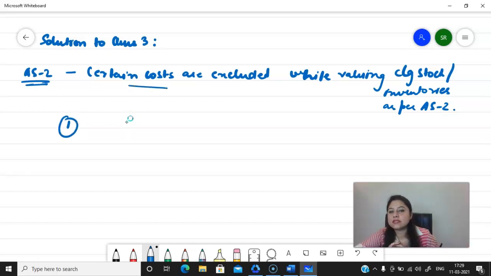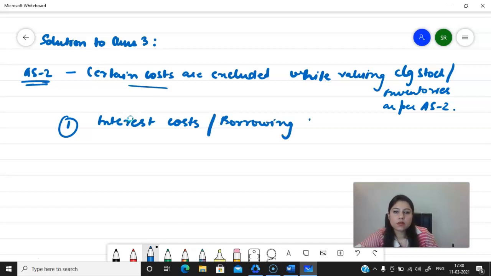One of the costs excluded from the valuation of closing stock are the interest costs or the borrowing costs as per AS 16. So we have studied that.